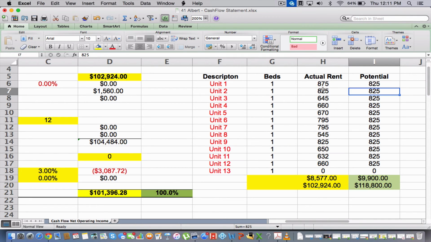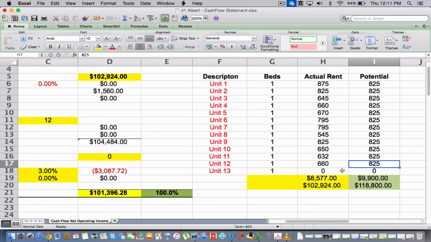Now, as you can see here, you have one unit renting for a little bit above market, but I still put 825. This one's 825, 825. Unit 3, well below market, almost $200. The potential rent would be 825, and that's across the board.